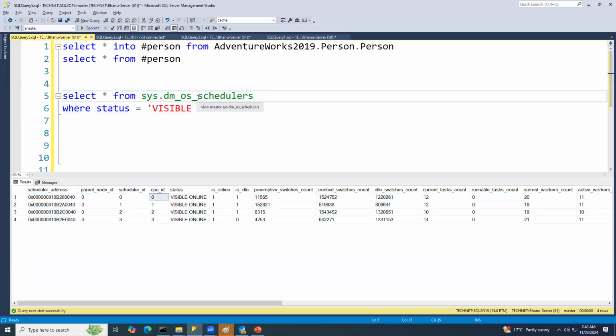A scheduler is basically a SQL terminology where it schedules your threads.